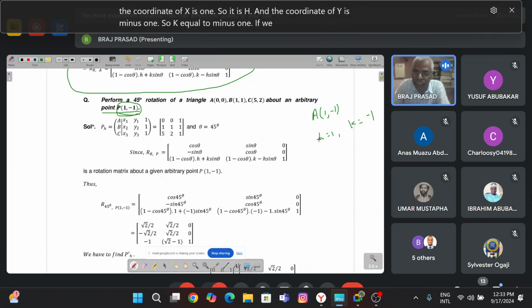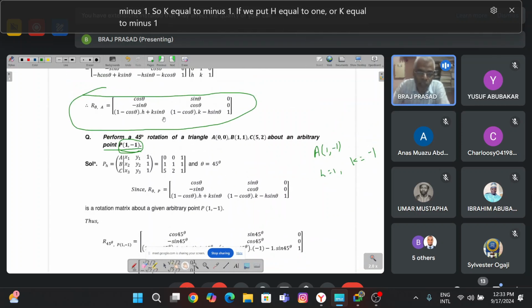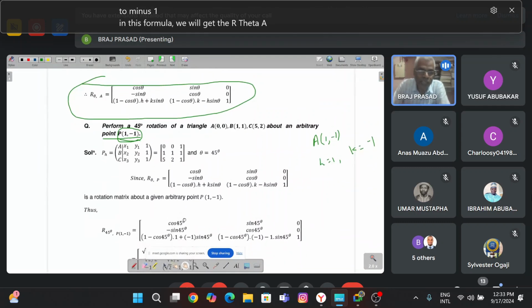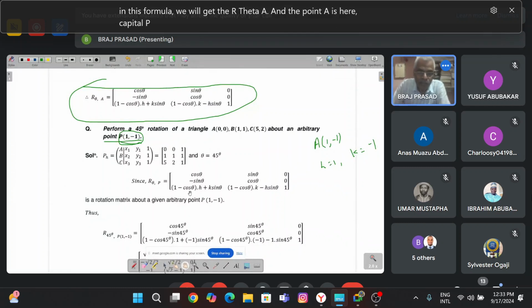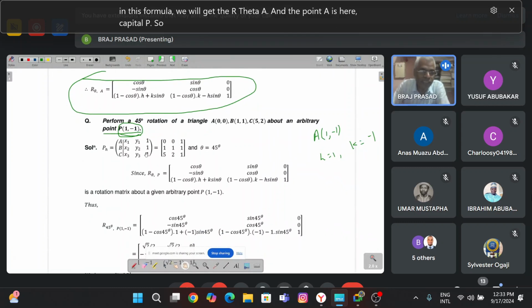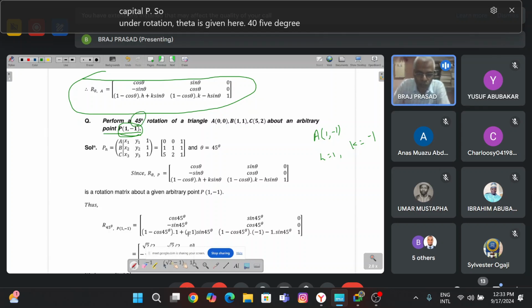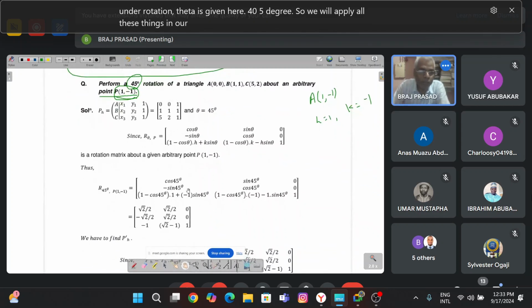If we put h equal to 1 and k equal to -1 in this formula, we will get R theta, A, and the point A is here capital P. The rotation theta is given here as 45 degrees. So we will apply all these things in our formula.